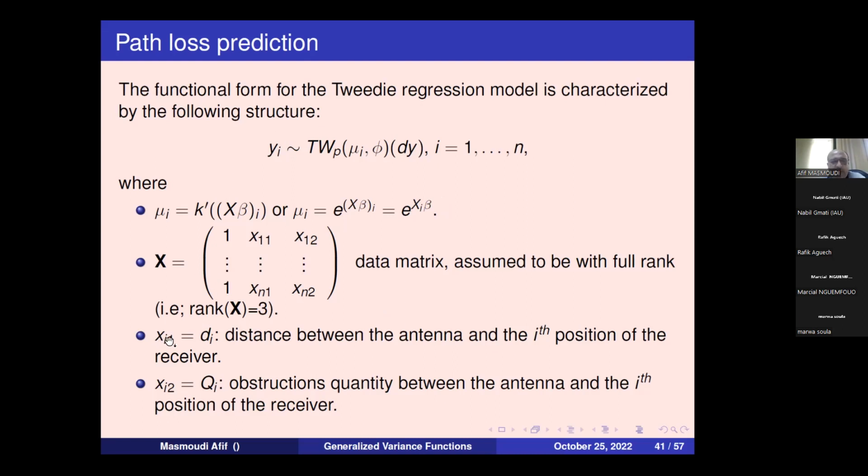So xi1 is the distance between the antenna and the position of the receiver, and xi2 is the quantity of obstructions between the antenna and the position of the receiver.